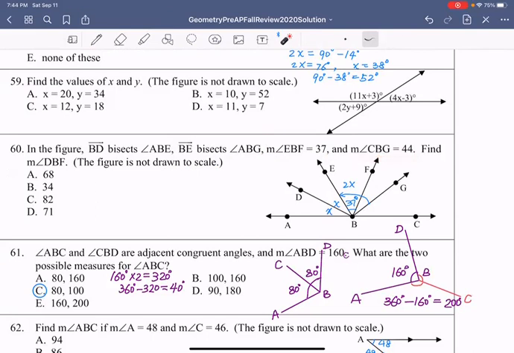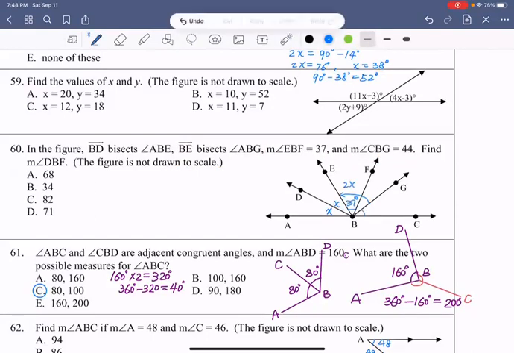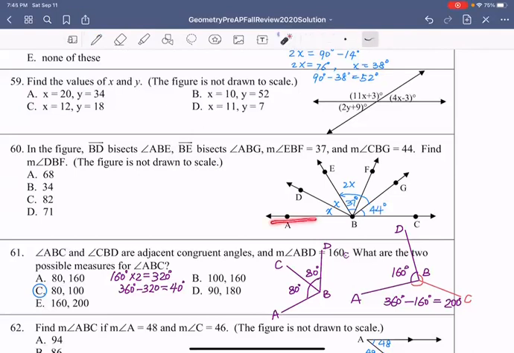CBG is 44. This guy, right? Now, by looking at this graph, what equation you want to write down? x plus x plus 37 plus 44.